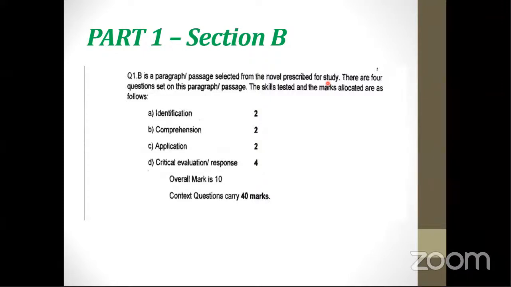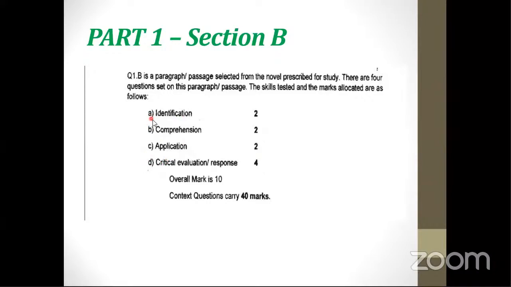Part B, 3 questions where you have to select only one. Today, our focus is The Vendor of Sweets. There are 4 questions on this passage, coming as A, B, C, D, 4 parts. So these are the skills tested in the 4.